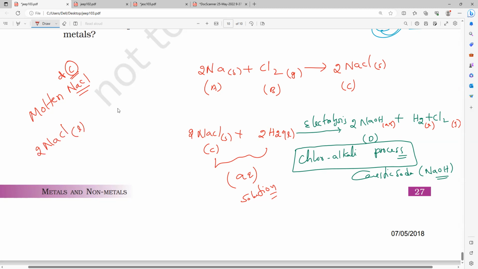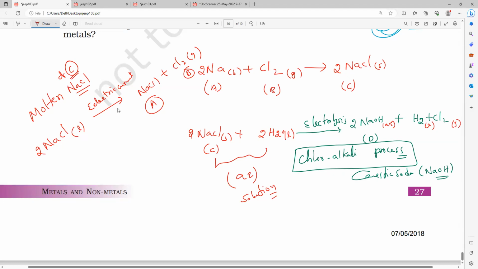Molten state means liquid state. If I pass the electric current, what will happen? Again, I will get A and B. What is A? Sodium, and B is chlorine gas. Am I right or wrong? Yes, sir. So you all should know that also, because maybe they'll ask the question. That is what you have to remember.